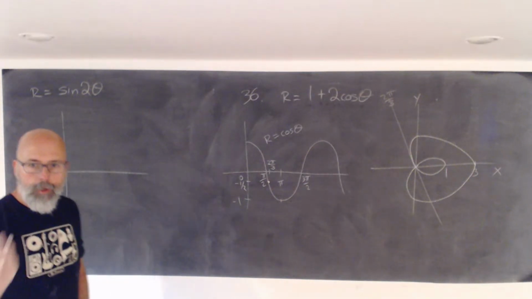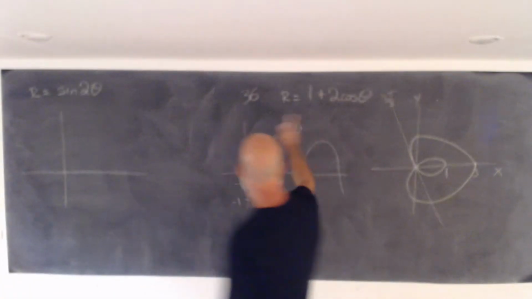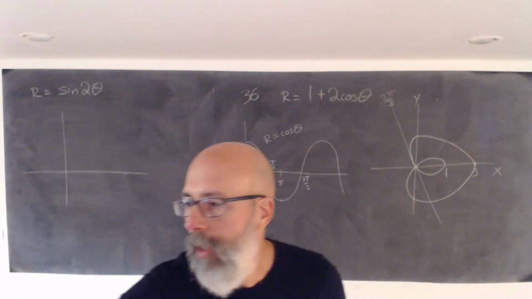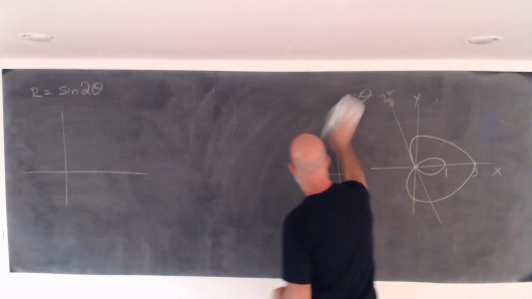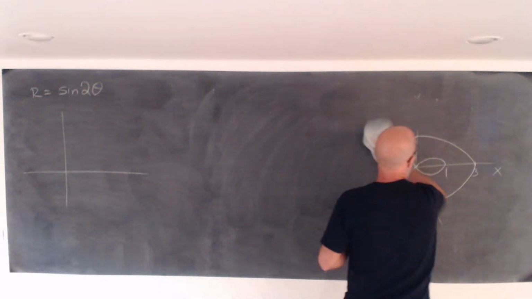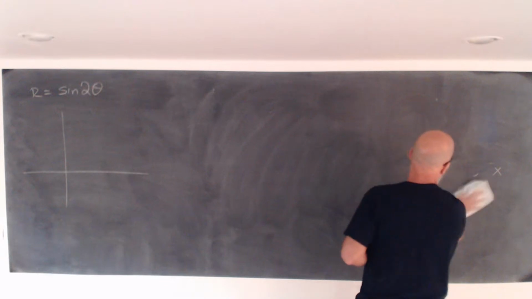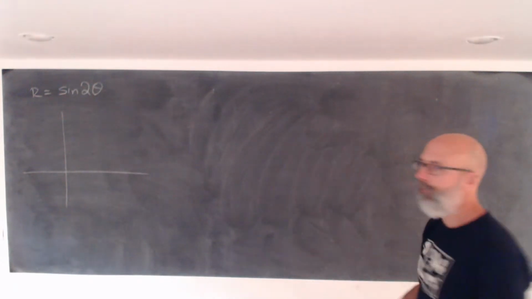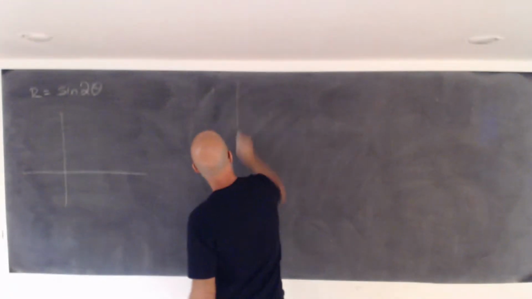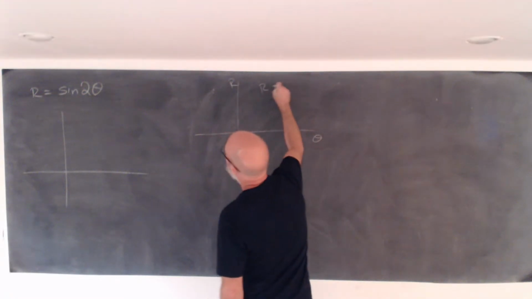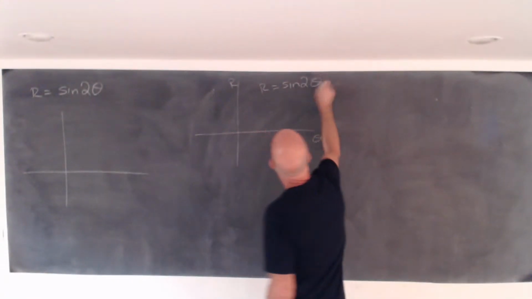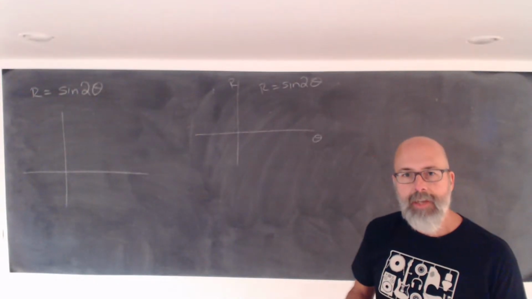Now again, you know what sine of 2 theta looks like in the r theta plane. It's the same as sine theta, except it's twice as fast.